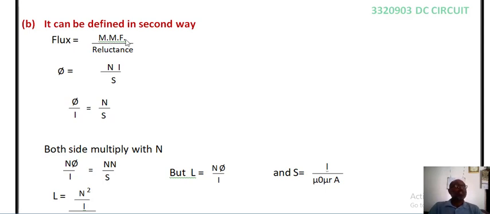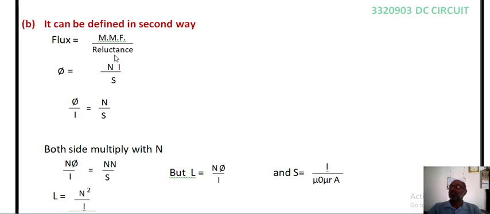Whereas EMF is the electromotive force, a force which is required for the flow of electrons or the flow of current. Similarly, in an electric circuit, a property of material which opposes the flow of current is called resistance. Here, a property of material which opposes the flow of magnetic flux is called reluctance.